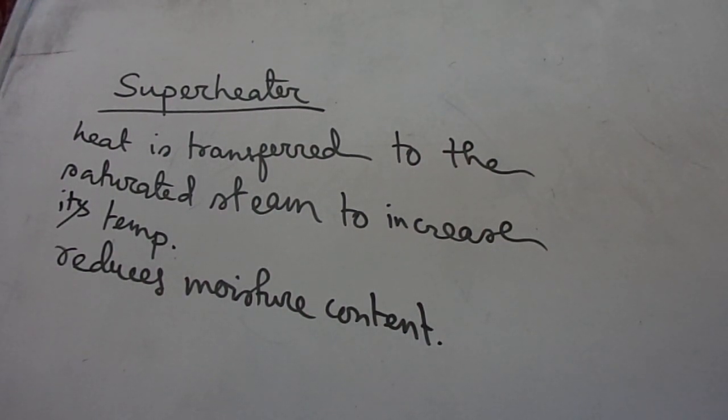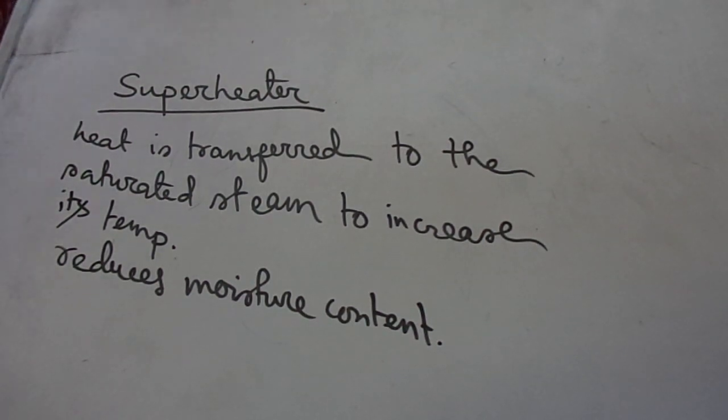In modern utility high pressure boilers, more than 40% of the total heat absorbed in the generation of steam takes place in the superheaters. So a large surface area is required to be provided for superheating of steam.